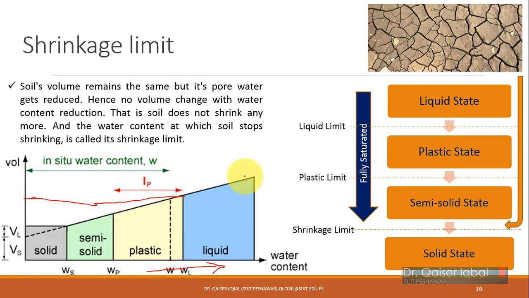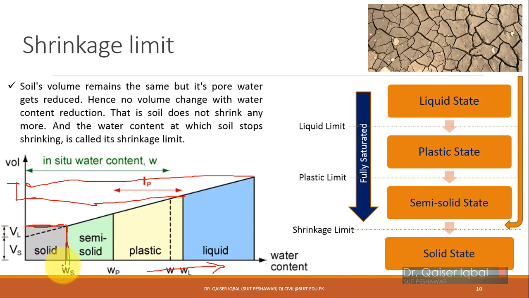Okay, so but in case of plastic, further volume, semi-solid, further volume reduce. But if you reach the shrinkage limit, which is over here, and further reduce the moisture content, the volume will not reduce. Okay, the volume will remain constant at this point.